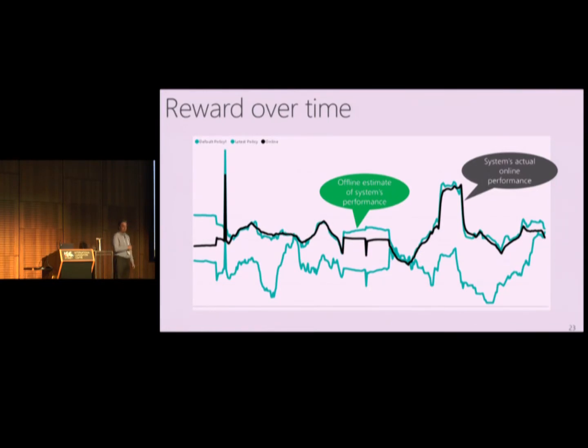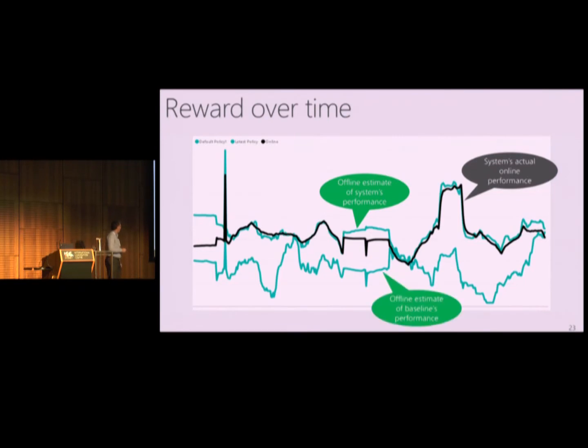This is actually real, this is not a mock. This is a real counterfactual dashboard of a system. The black here is the system's actual performance, and then this line is the system's predicted performance using a slightly more sophisticated form of this technique.